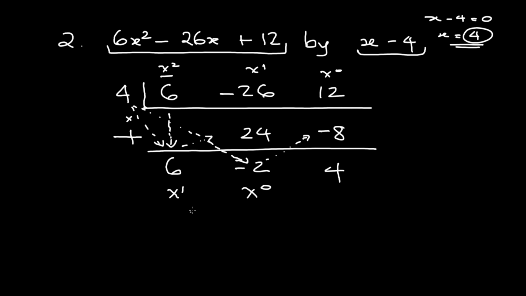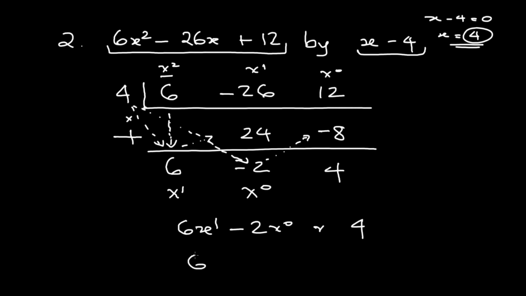So now we write this, the quotient. So the result is going to be 6x1 minus 2x0, like this, which is the same as, we can say now maybe like this, remainder 4.